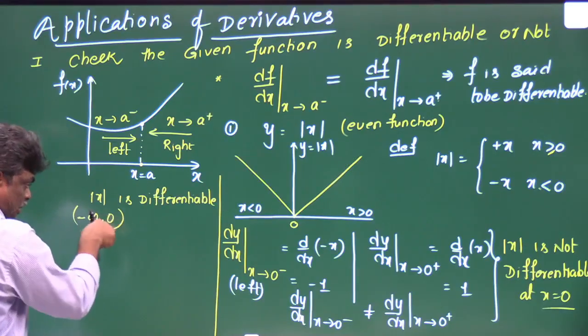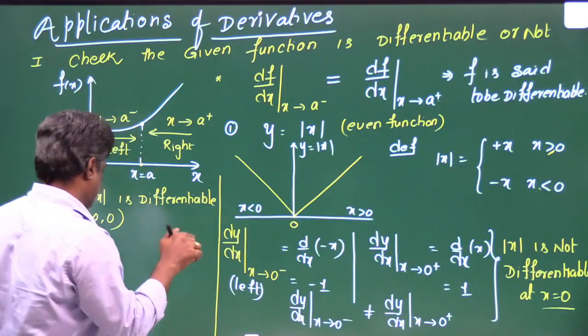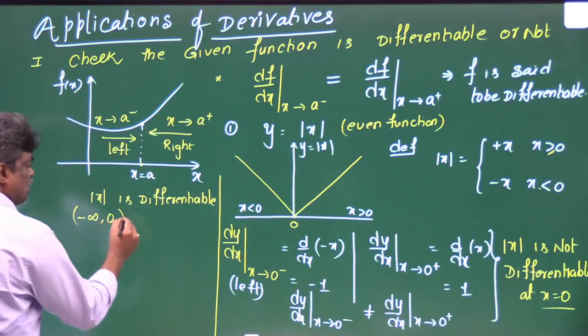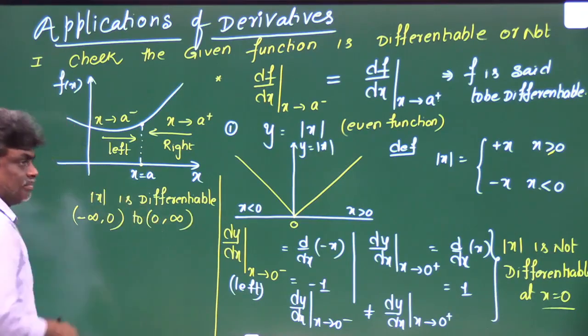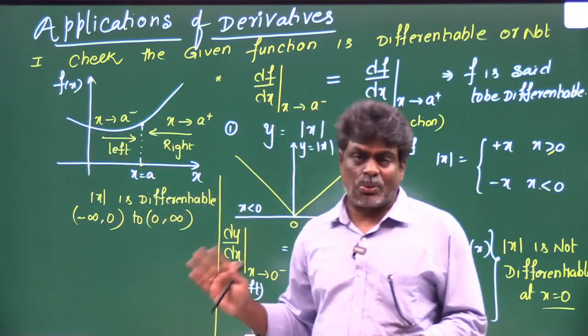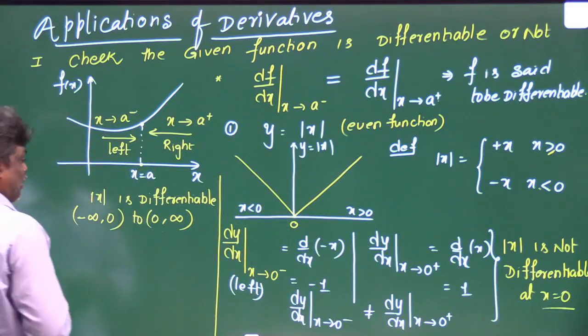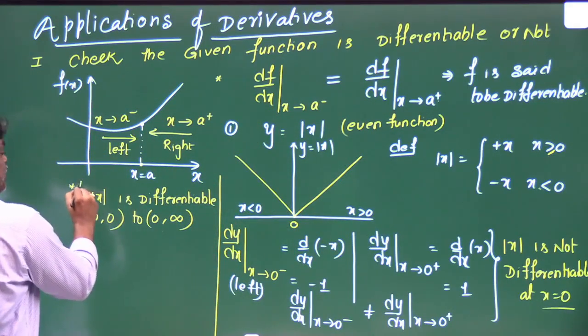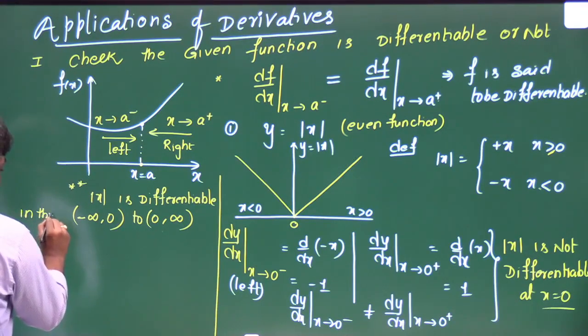So 0 is not included. If I give this bracket, that 0 is not included. If I have given the square bracket, I hope you know that variation. Minus infinity to 0, but 0 to infinity, but 0 is excluded. Of course, infinity is also excluded. Okay, so mod x is differentiable only in this range.